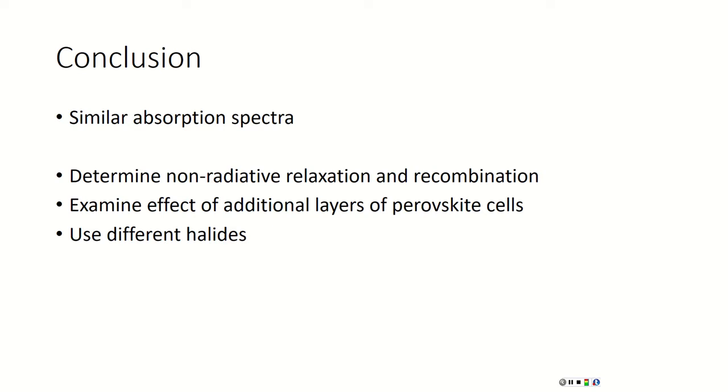Both of the models I was using had 3 perovskite layers before the intermediate layer that offset them. And we also need to use different halides for this process. It has been shown by other groups that halides affect the band gap of these materials.